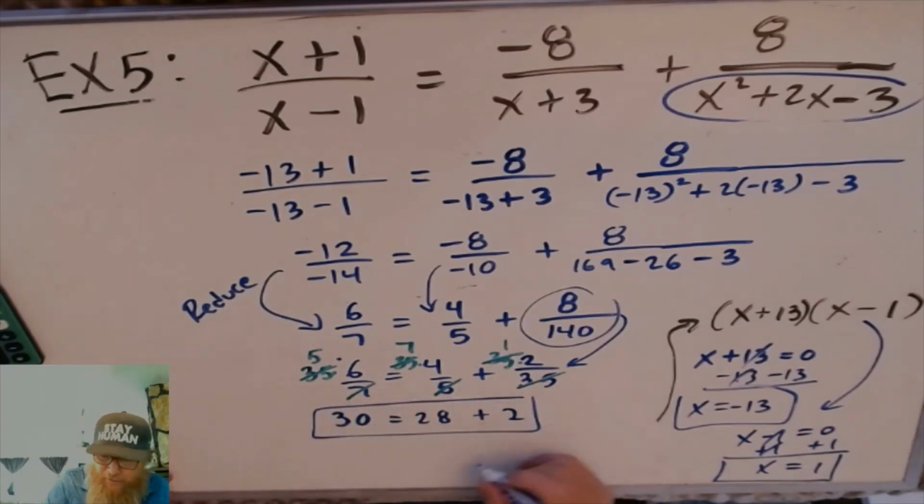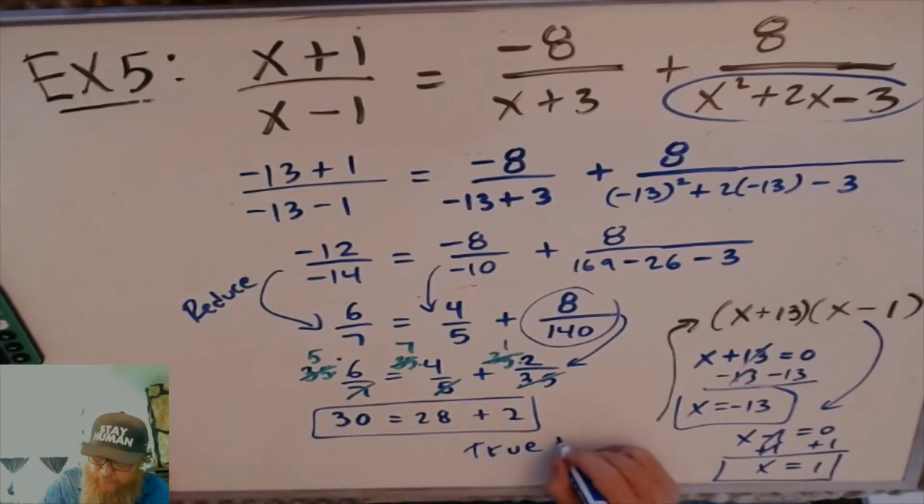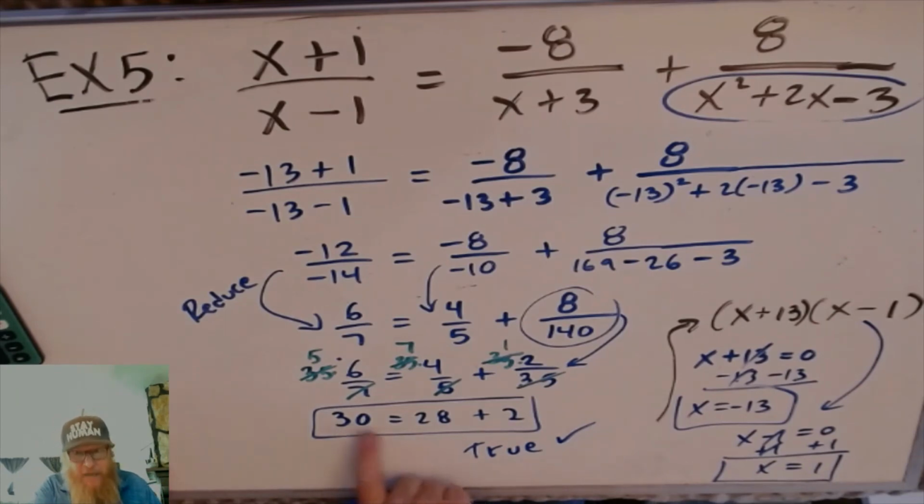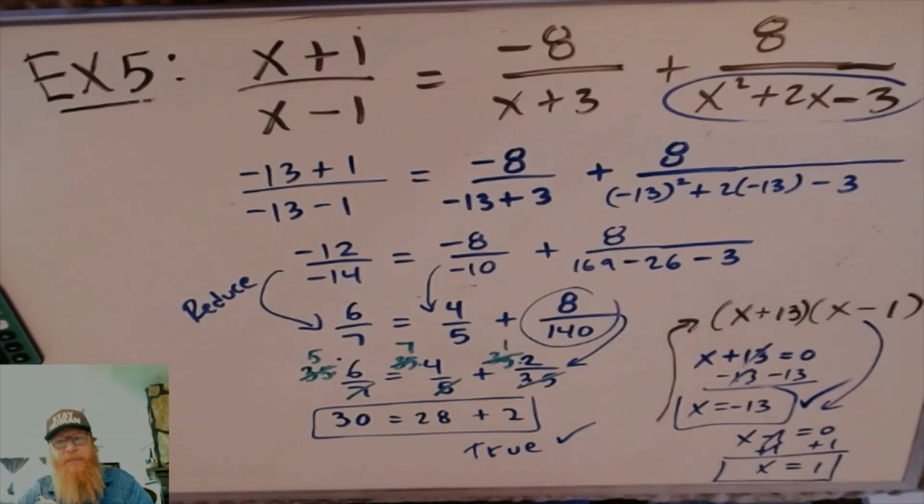Can you tell that this is true now? Sure enough, 30 is equal to 28 plus 2. So check. Negative 13 is a valid candidate. It's a valid solution.